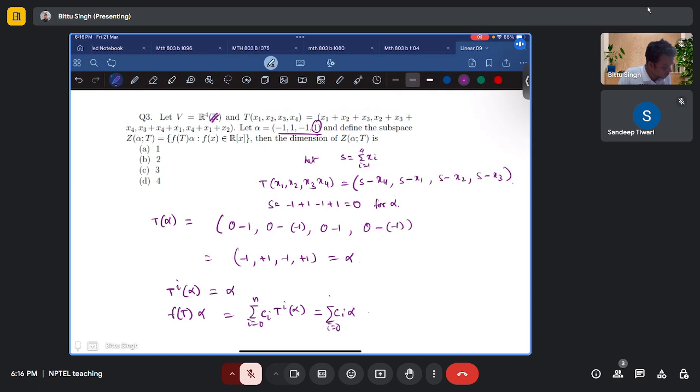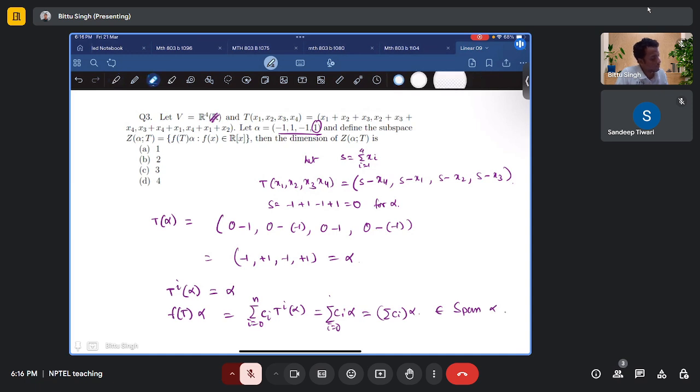Sorry, what is the problem? T to the power i alpha. Yes. So the sum of c_i alpha means we take alpha common, and then this is the sum of c_i into alpha. That is f(T) alpha. It belongs to the span of alpha, right?